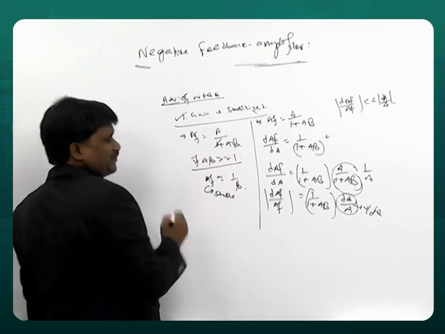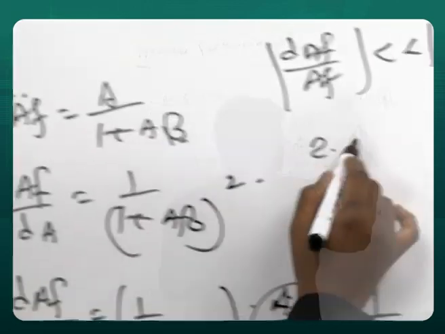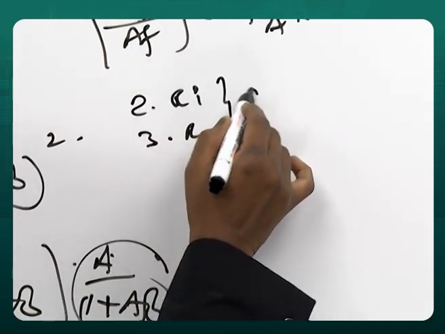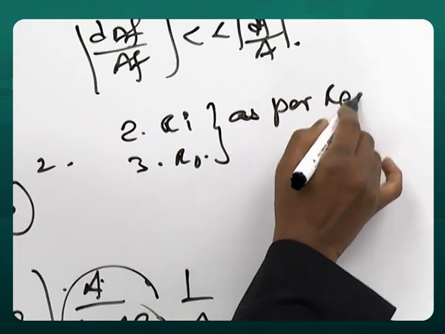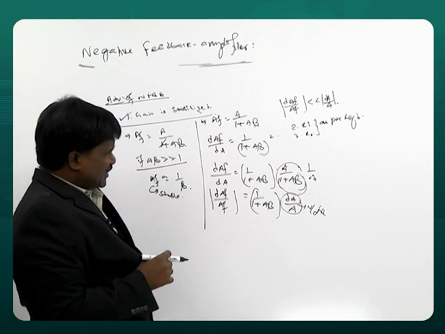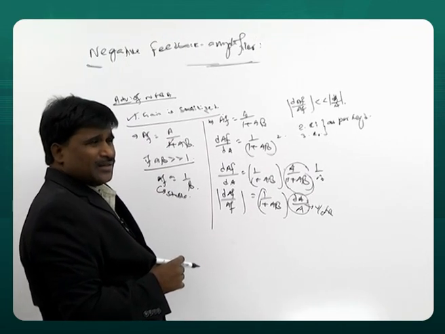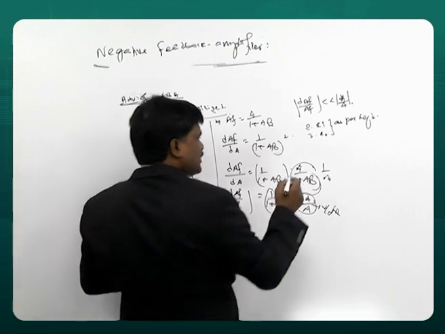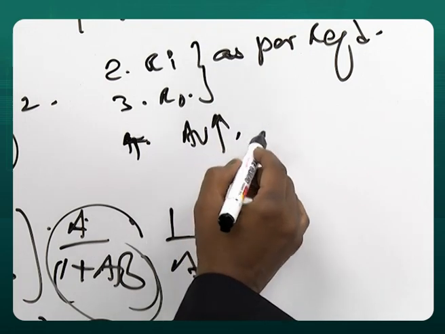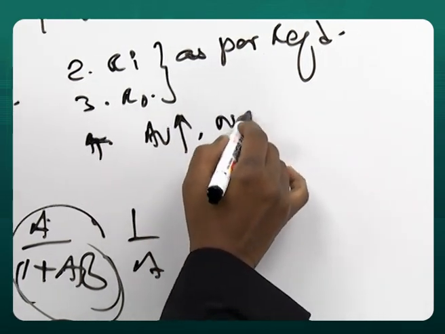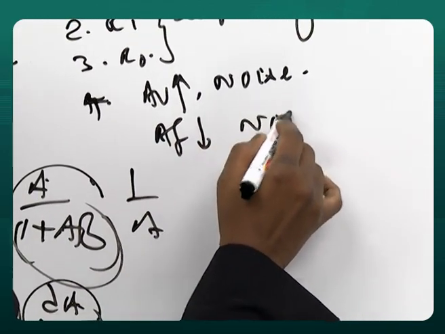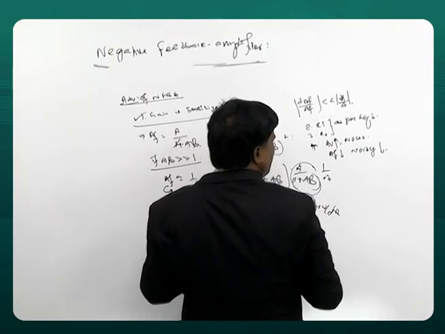Gain is stabilized. Second point, Ri and R0 are both as per requirements. I can't say increase or decrease, because in some cases it should be increased and in some cases it should be decreased. Then when gain increases, there is a lot of noise. But now with feedback gain is decreased, so the noise effect is also decreased.